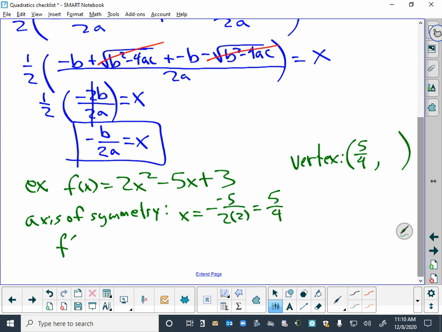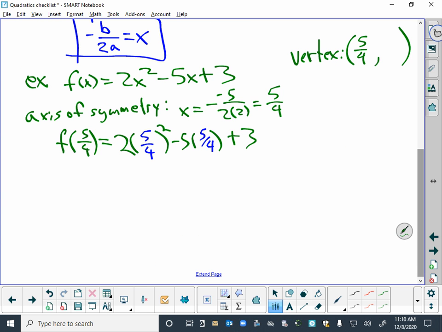I'm going to use 5 over 4 as the input to the equation that I had. So I want to know what is f of 5 over 4, and that's going to be 2 times 5/4 squared minus 5 times 5/4 plus 3. So that's 2 times 25 over 16 minus 25 over 4 plus 3.